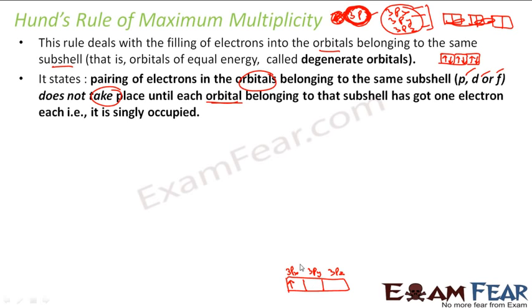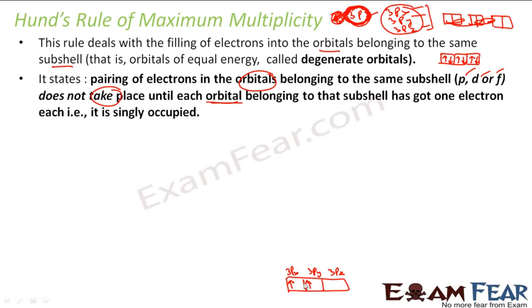Then Hund's rule of maximum multiplicity comes in. It says that this new electron will come in py, not in px. Why? Because pairing of electrons does not take place until each orbital in that subshell has got one electron. The pairing won't start until each of these orbitals px, py, pz has got one electron.